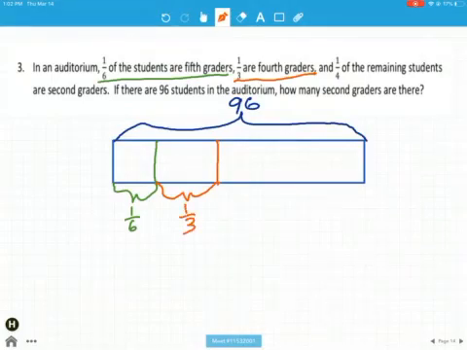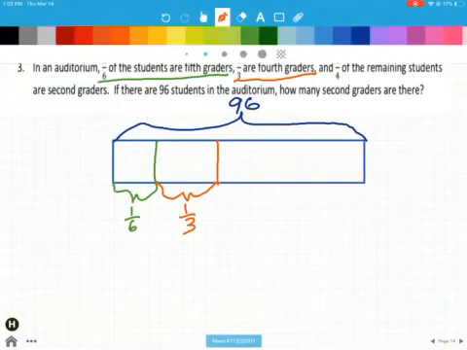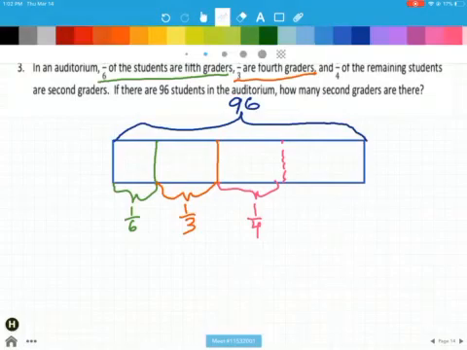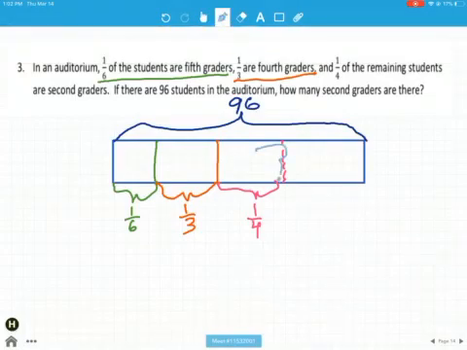And 1/4 of the remaining are 2nd graders. So of this part, only 1/4 are 2nd graders. Okay, but we still need to find out what our remaining students are. So how are we going to do that? Well, our 96 is going to be our total here.